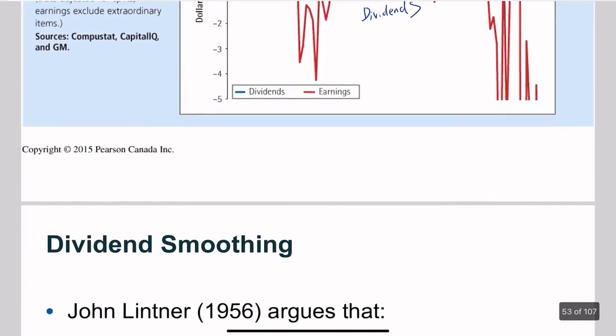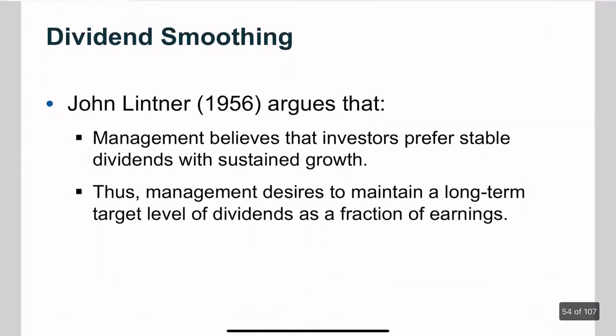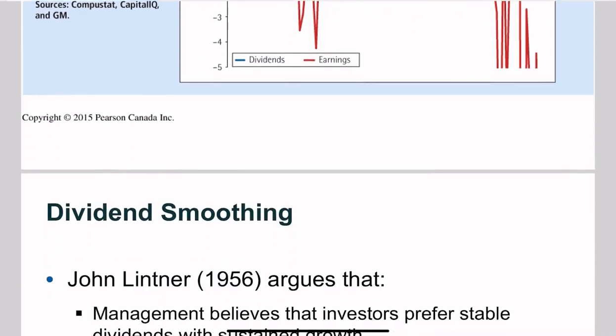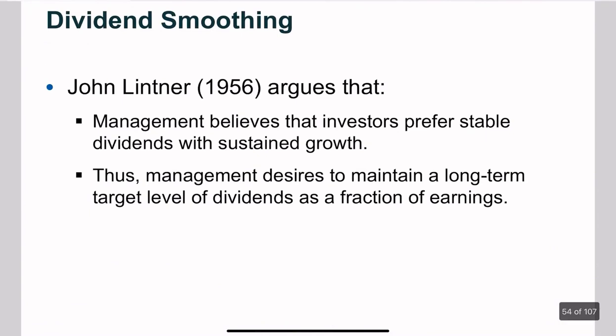Now, why do we see this kind of result? This is actually a very drastic result because you can see that earnings are so volatile, but dividends are so calm and so constant, right? Well, the argument is management believes that investors prefer this stable and constant dividends with this sustained growth rate.